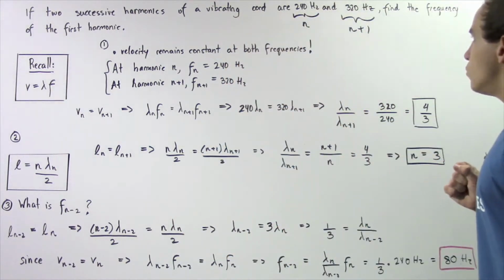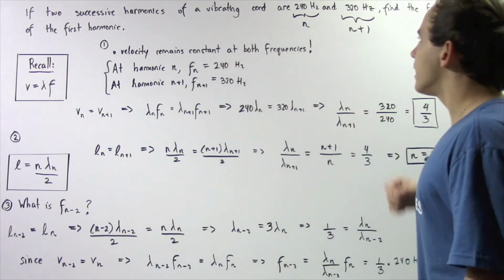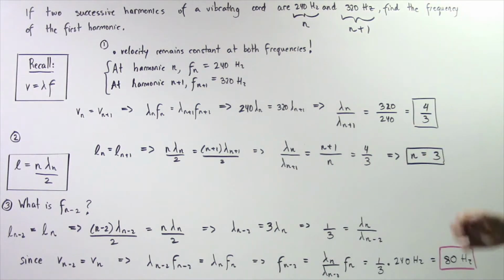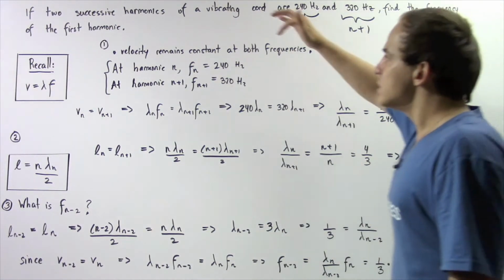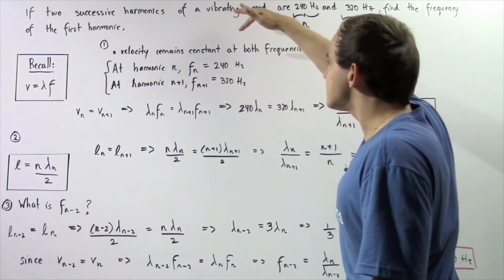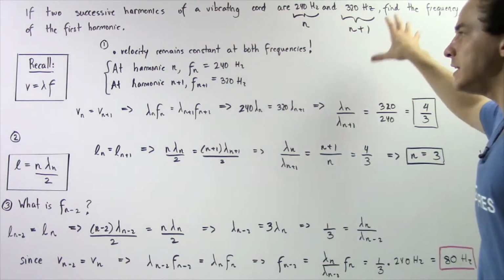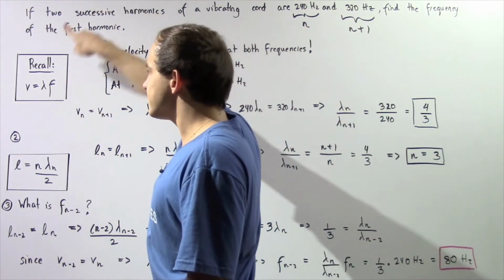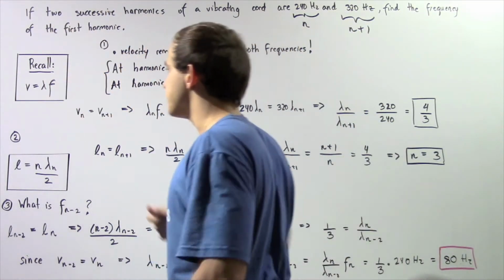So the velocity at the nth harmonic and the velocity at the n plus 1 harmonic is exactly the same. Velocity remains constant regardless of our frequency. That basically means if the frequency increases, the lambda must decrease.